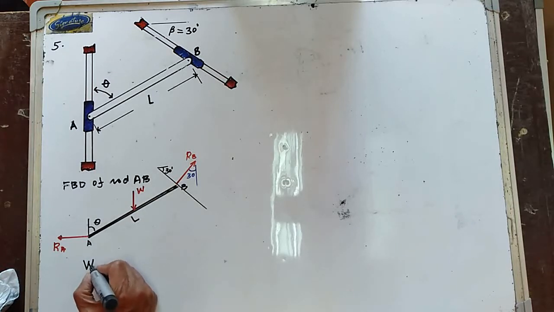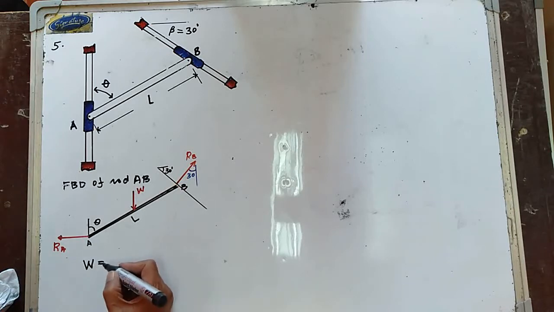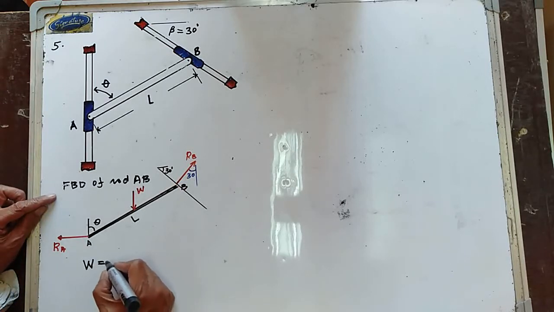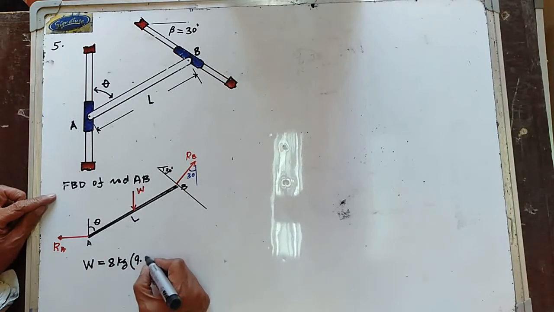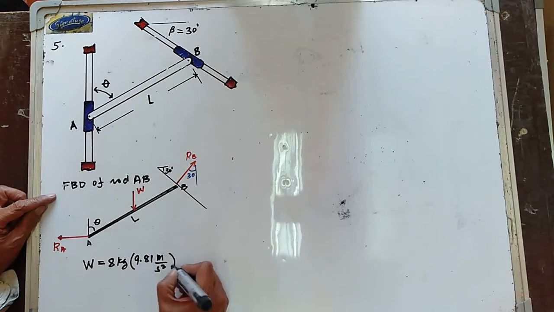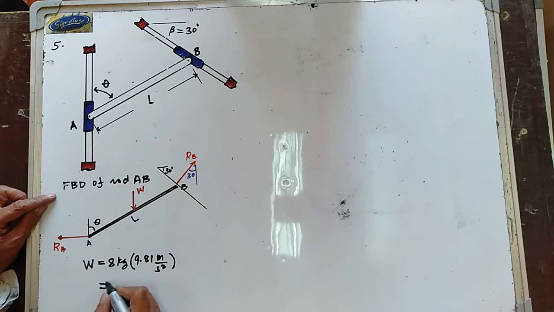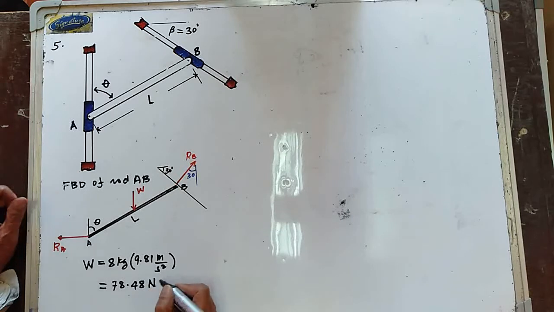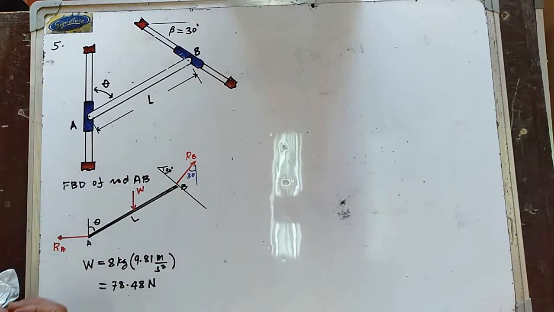Hence, your W is now equal to the mass, which is 8 kilograms, multiplied by 9.81 meters per second squared, or this is therefore equal to 78.48 kilogram meters per second squared, or that is equal to newtons.